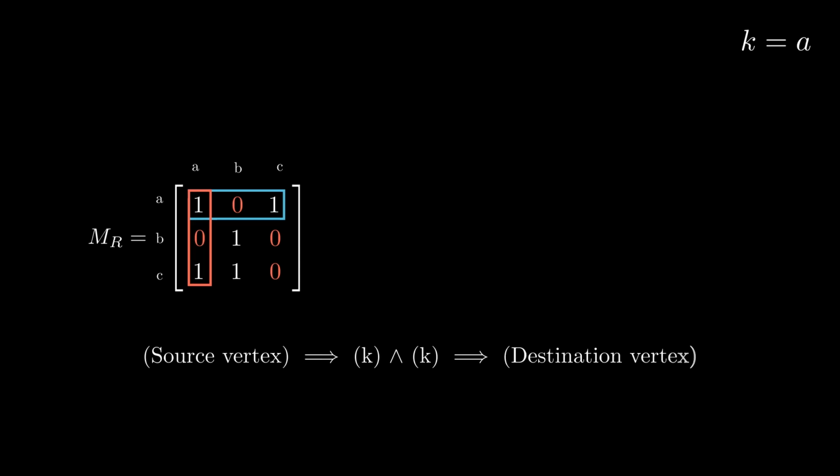Also, by the way, not to be confused here, this arrow does not mean an implication, but rather denotes connectivity. Basically, we're just checking if there's a connection from the source vertex to the pivot and from the pivot to the destination vertex.